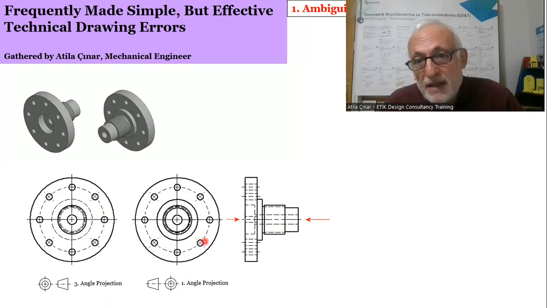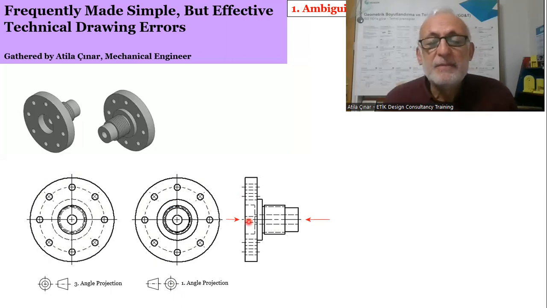But in complex parts, when the parts have many features, it may be difficult to understand which method is used by looking only at the views. So the mechanical designers, the people who are preparing the technical drawings, must say on the drawing which method is used.